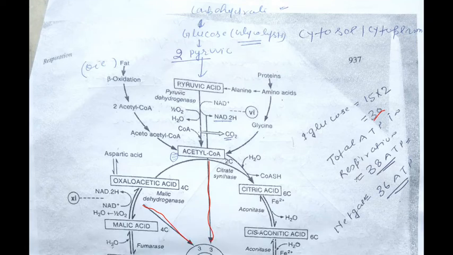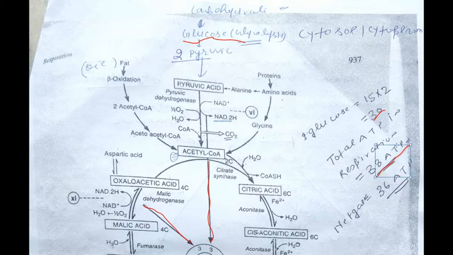But in the previous lecture I told you 8 ATP comes from glycolysis, so the total of 38 ATP is produced through the respiration of one glucose molecule. Or you can say the metabolism of one glucose molecule produces 38 ATP.